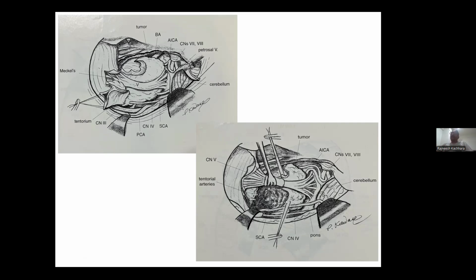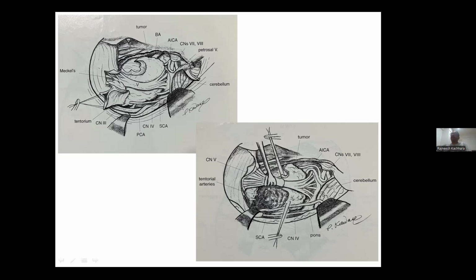In this next picture, you can see the tentorial feeders, which are directly supplying the tumor. In direct vision, you can devascularize this tumor by coagulating the tentorial feeders, and the tumor becomes avascular, and then it becomes very easy to decompress this tumor, and this tumor can be removed completely.